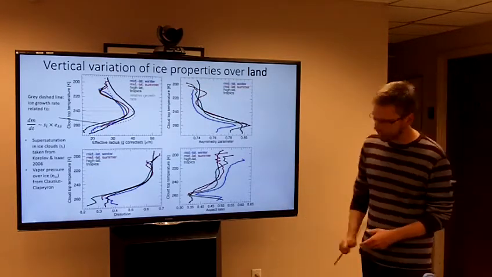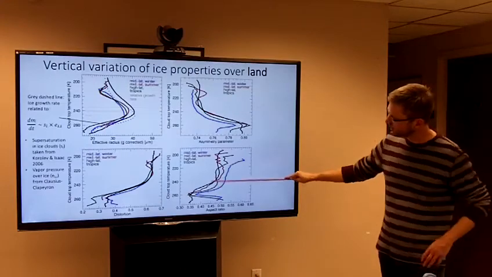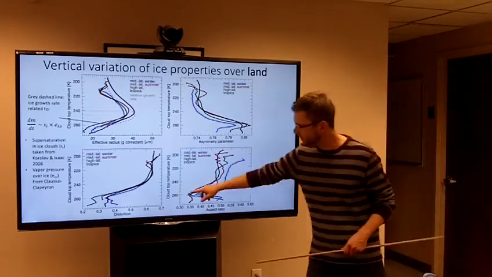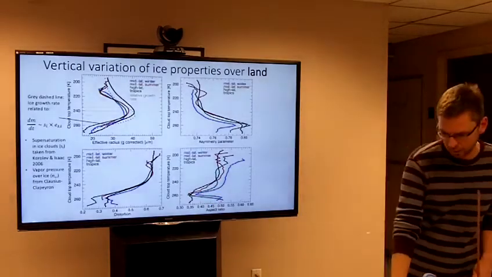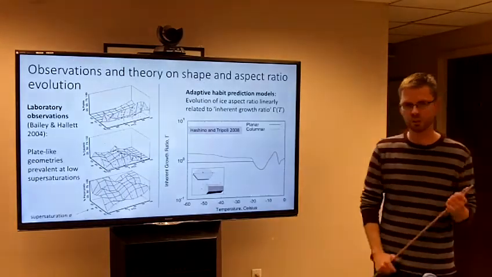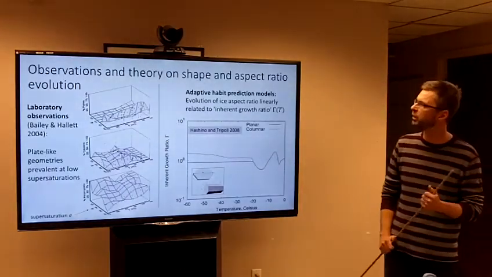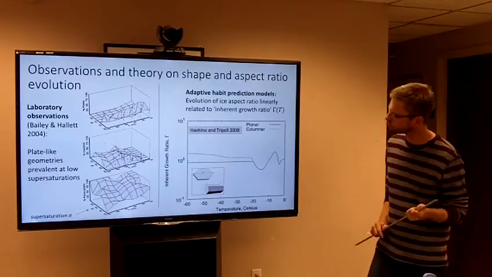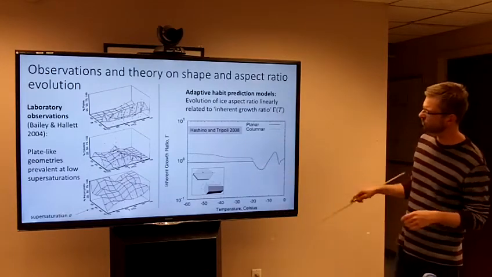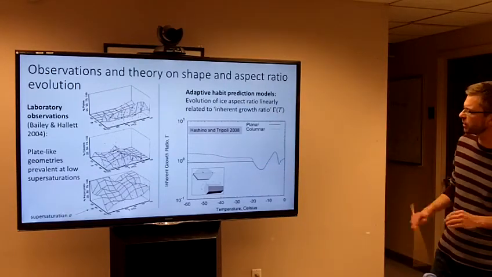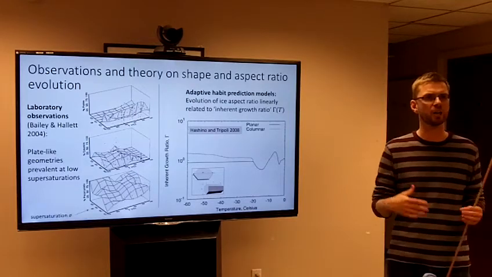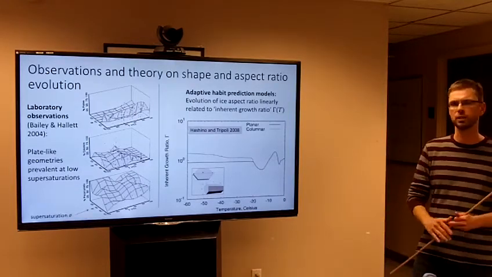So next, I want to talk about the aspect ratios, and especially this dip in aspect ratios that we can see here, because aspect ratio is also predicted by some theory. Jumping straight to this plot here, this shows what are called inherent growth ratios, which are actually deduced from laboratory measurements.